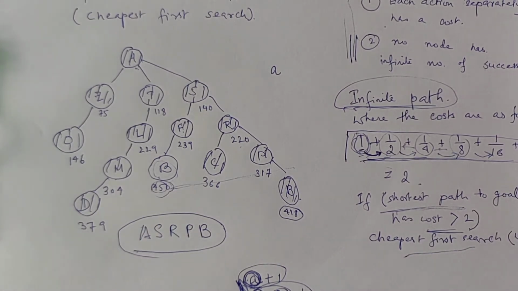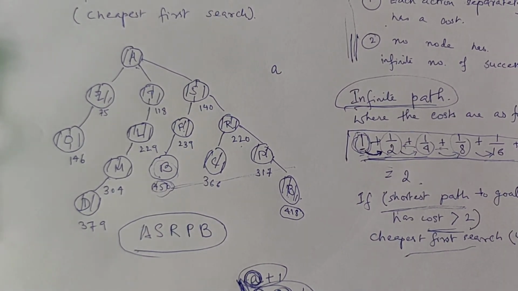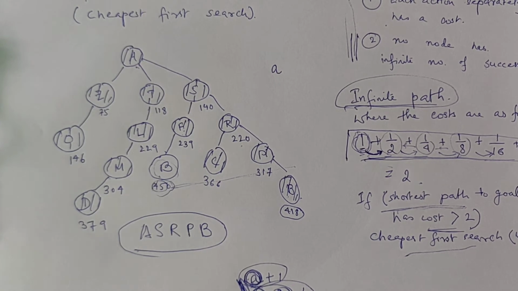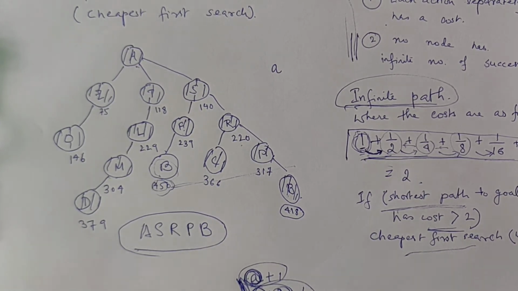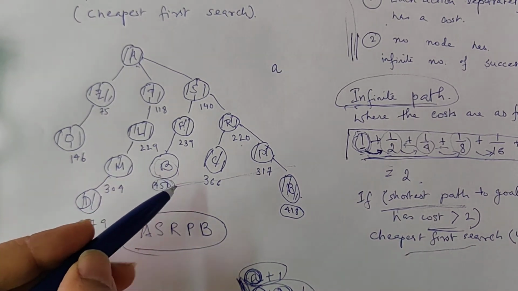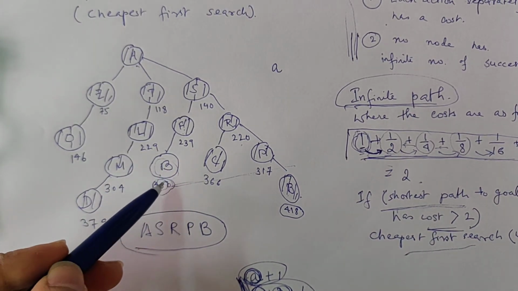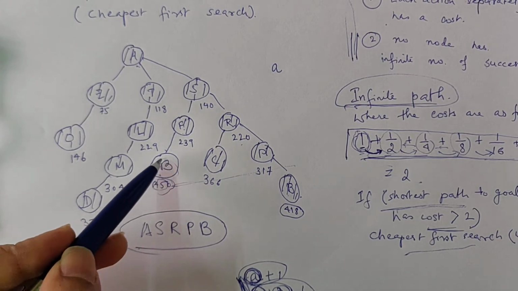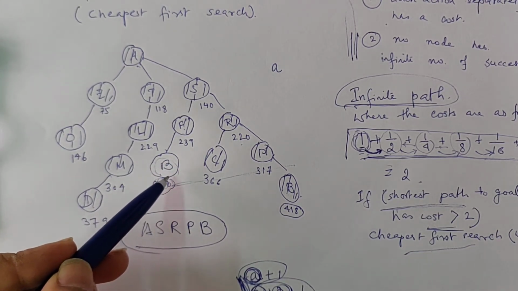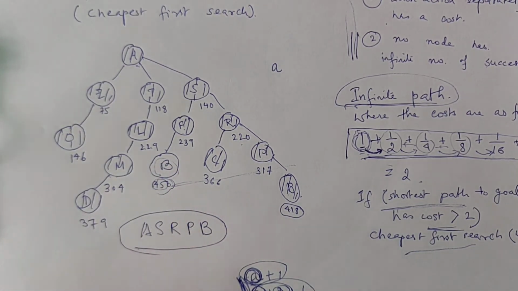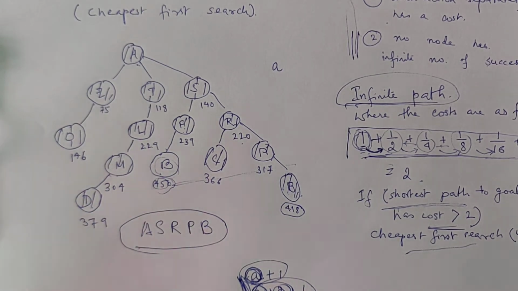Okay, here when we did the uniform cost search, I should like to point out that at one point we had already added our goal node to our frontier at this point B, but we still did not stop our search. Should we have stopped our search here?